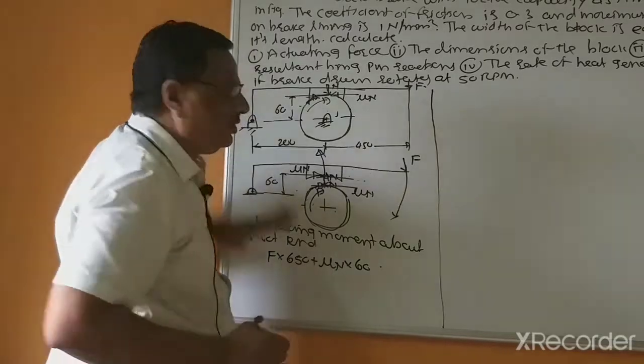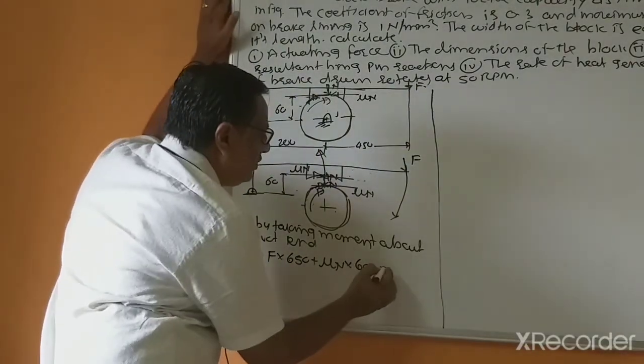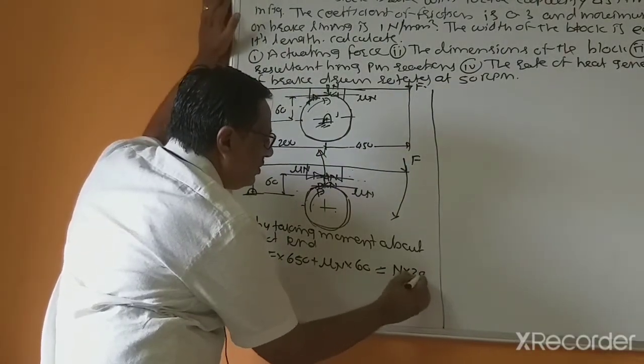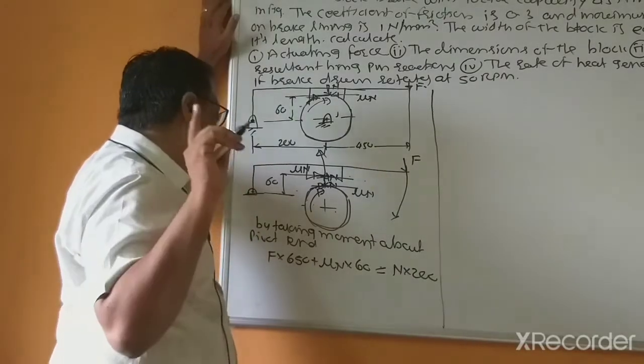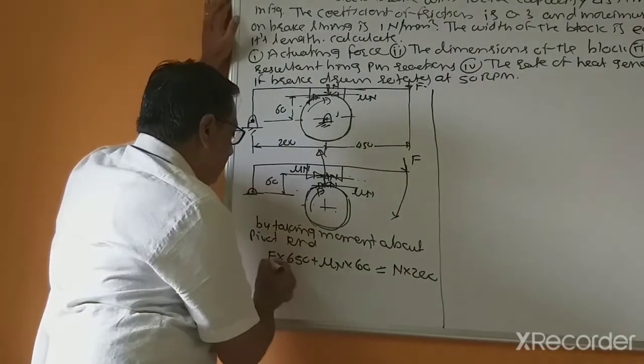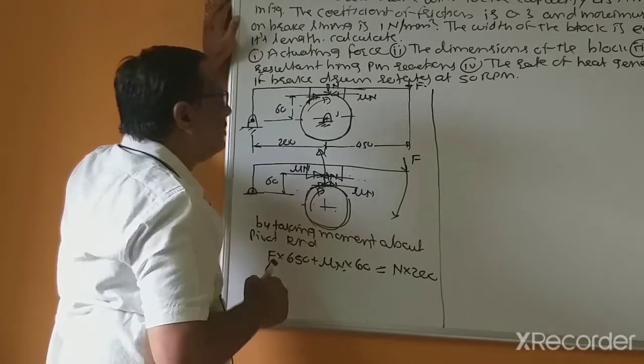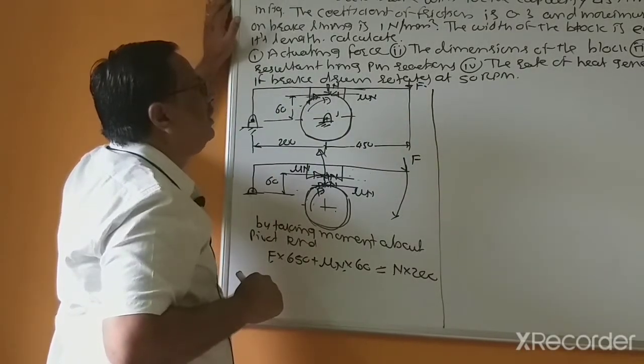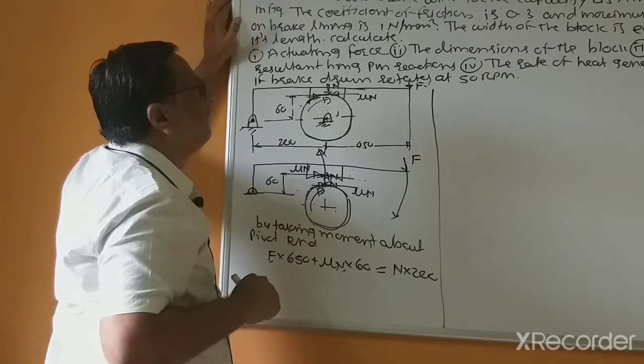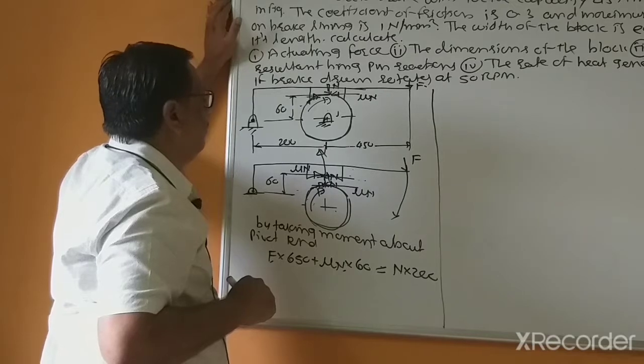So there are two unknowns, F and N, but torque is given, and we can apply the formula.